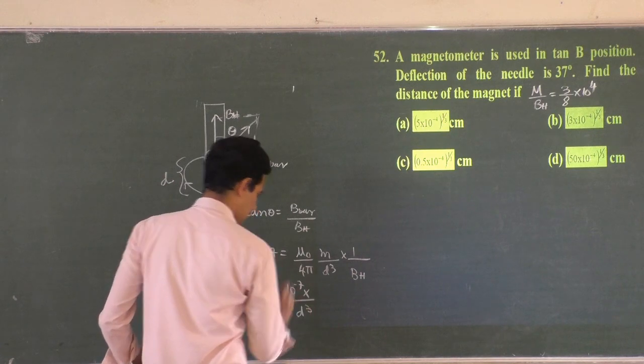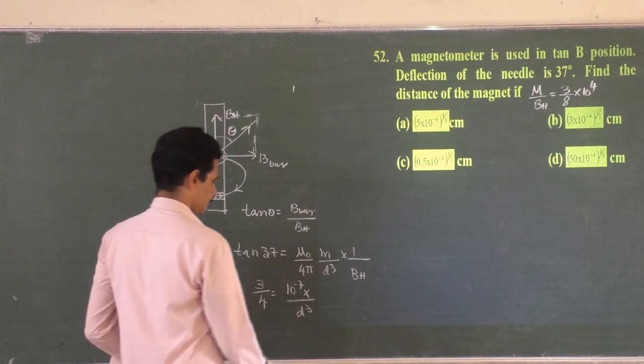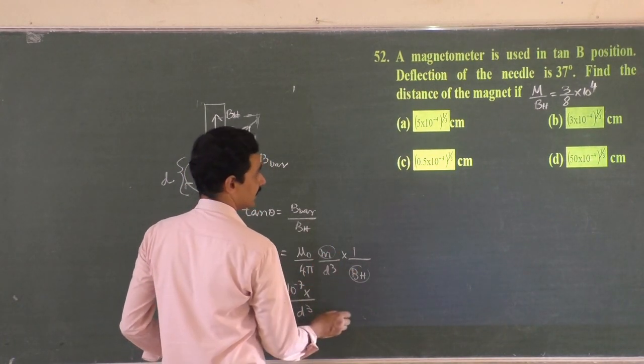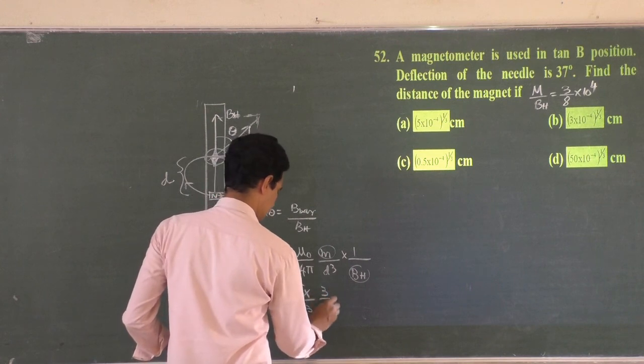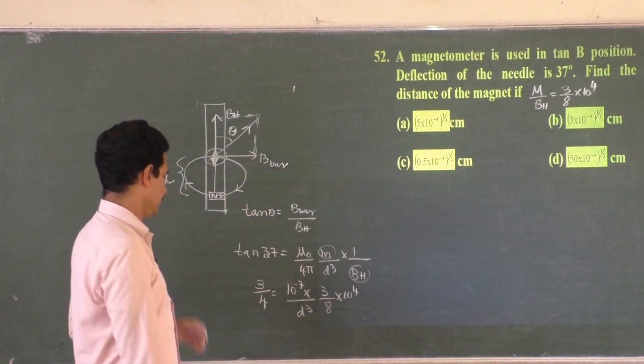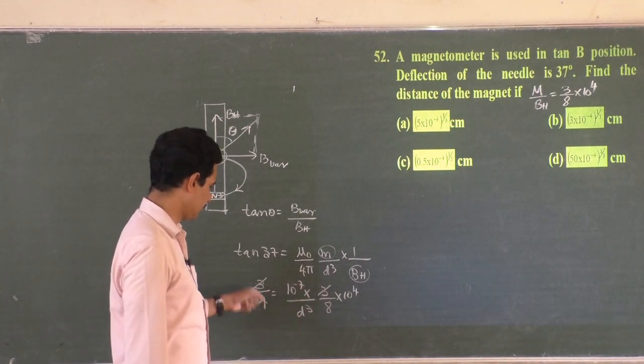D cube is the thing which I want to find out, because they are asking you the distance, m by d cube. M by BH is already given 3/8 into 10 to the power 4. Correct? 3 gets cancelled, and d cube I will bring 4 here.